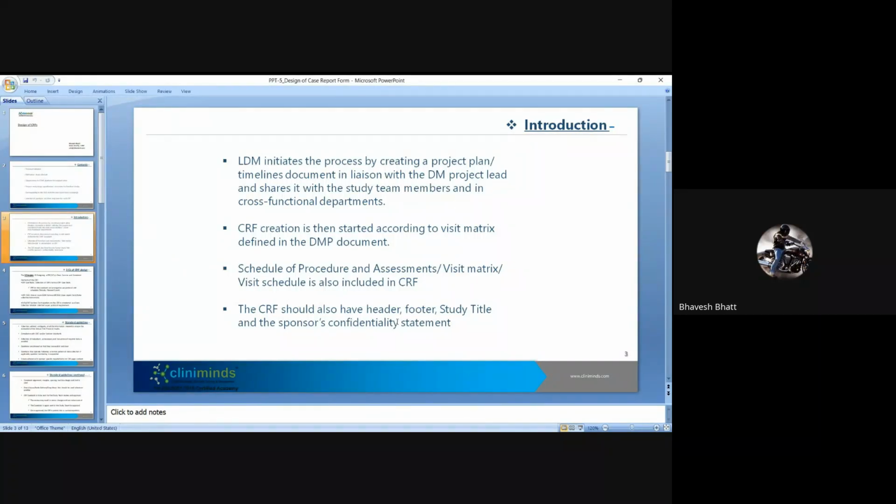Now, with that said, the CRF should also have header, footer, the study title, and the sponsor's confidentiality statement.